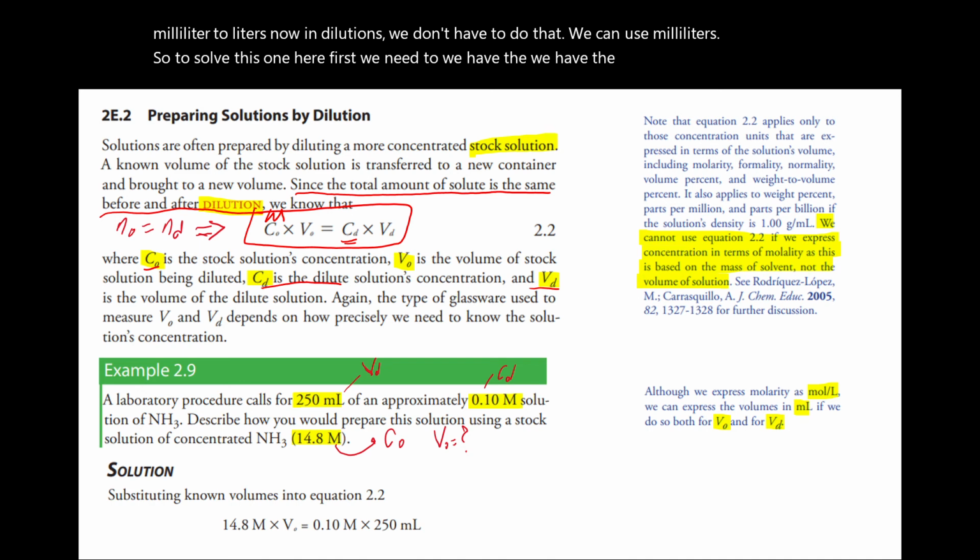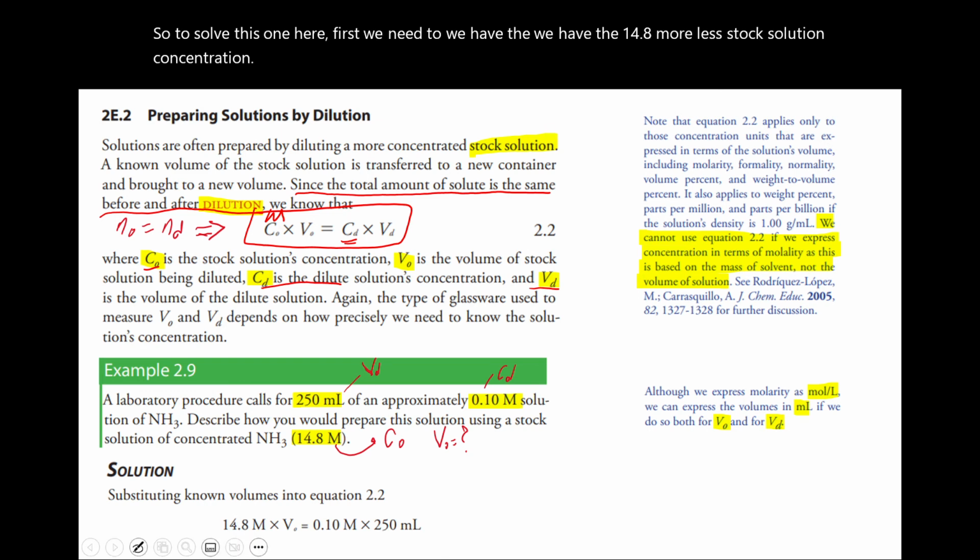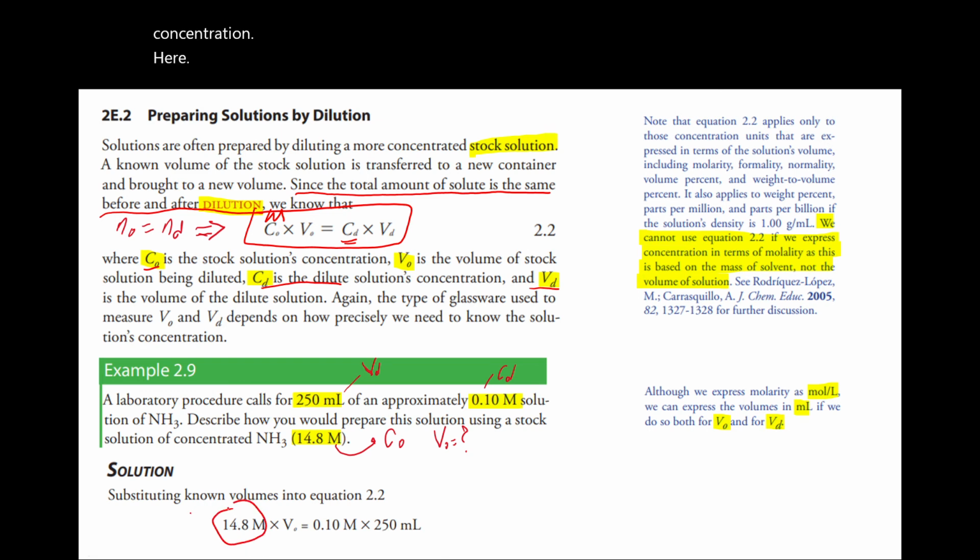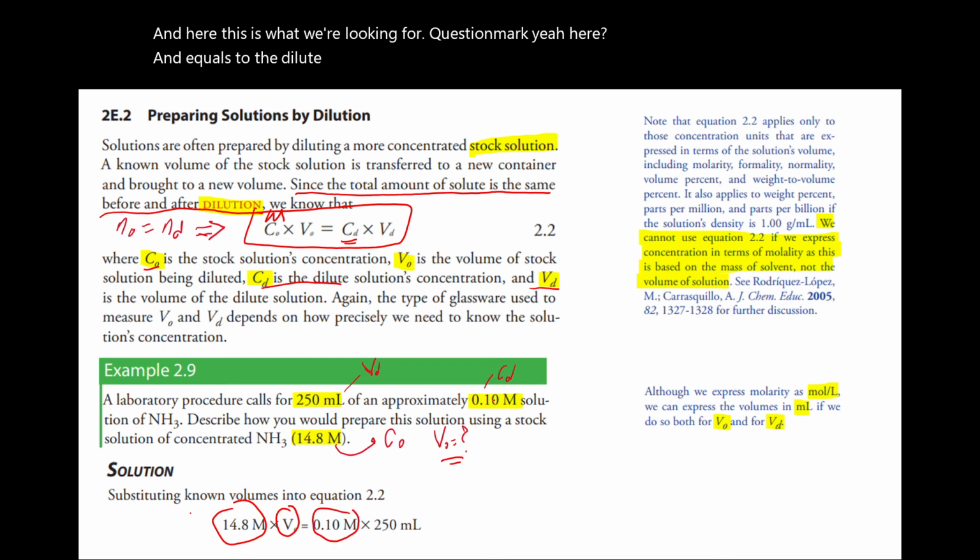So to solve this one, first we have the 14.8 molar stock solution concentration here, and here this is what we're looking for, question mark, equals the dilute solution's concentration, 0.10 molar, and the volume. As you see here, we don't have to convert it to liters.